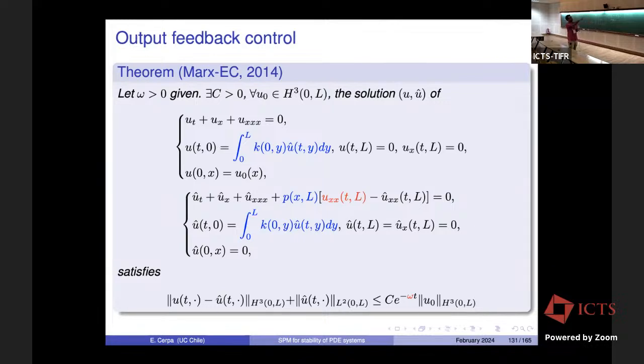In fact, there are also the U hat_xx terms in the second equation. I think I made a mistake when I put it; maybe it's L2. Thank you. I will correct it for the version on the website.